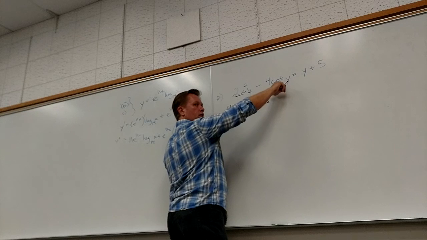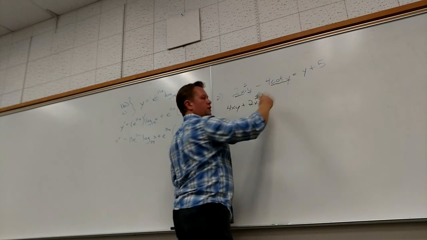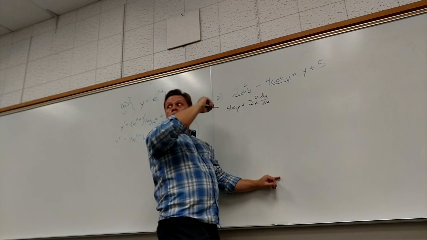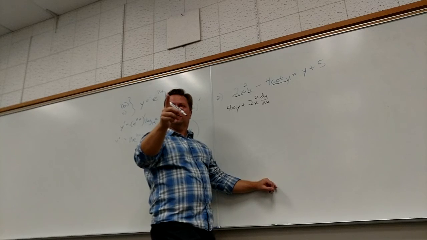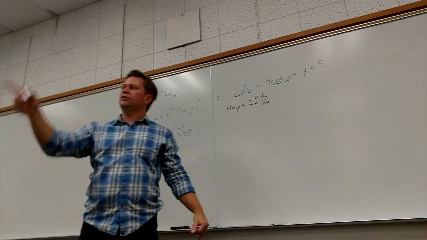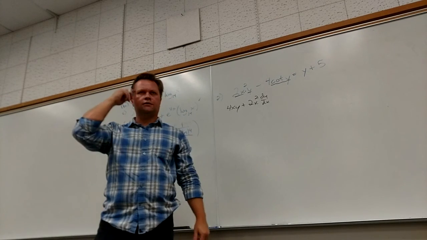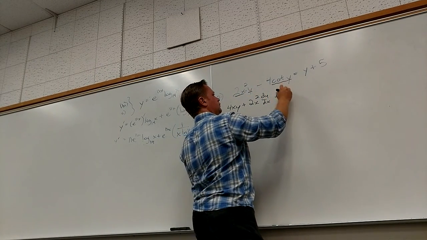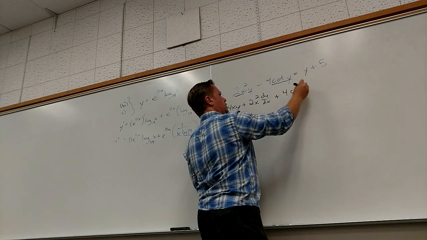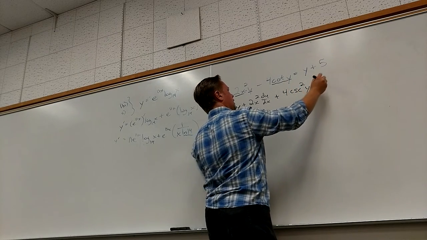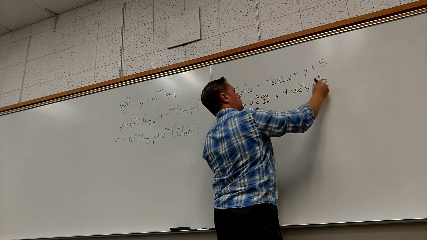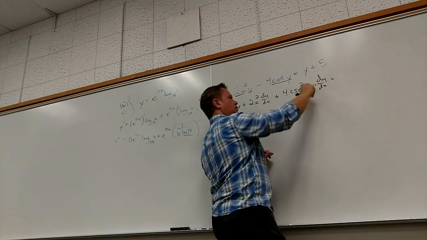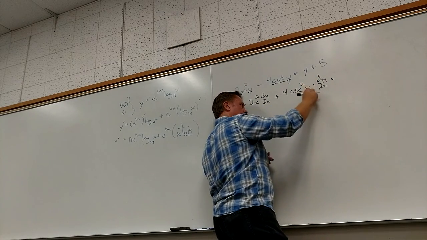Over here, what's the derivative of cotangent? Negative. Remember, co stuff comes out negative. That's a nice, quick thing to memorize. So it makes it plus 4 cosecant squared y times, because I'm doing a derivative with respect to y, the derivative of a function of y.